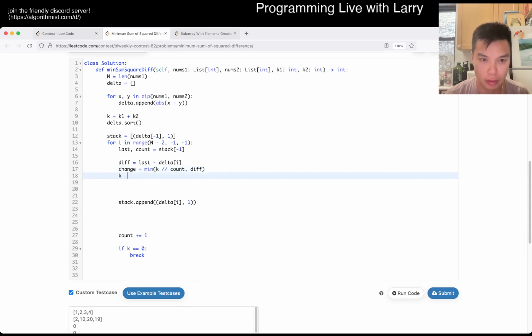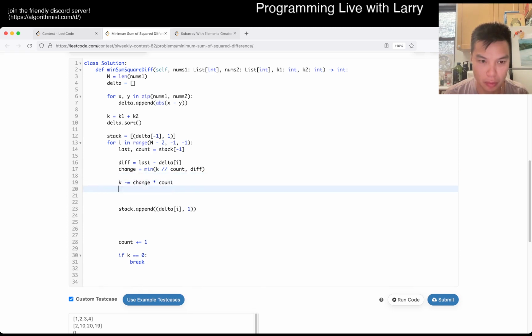Okay, so now we spend change times count. We also remove, that means that last the chain.